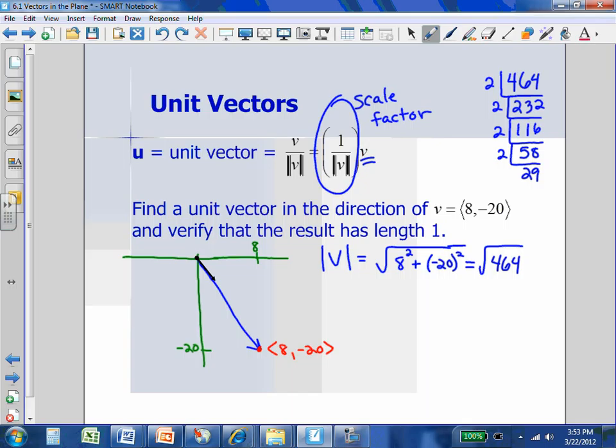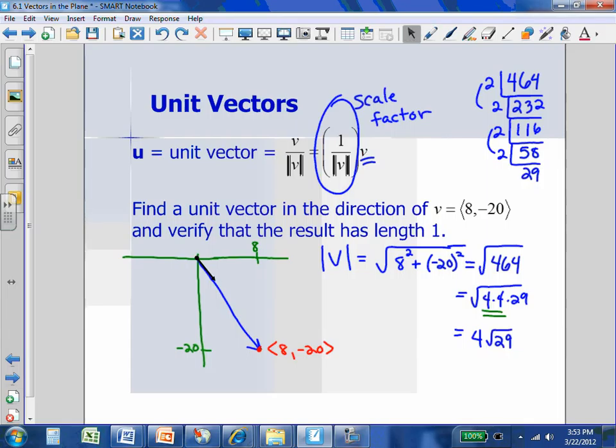So I can be thinking of the square root of 464 as the square root of 4 times 4 times 29. Well, there's the pair of 4's right there. So they get to come out. So this is 4 root 29. Okay, so this vector, this blue vector over here, has a magnitude of 4 root 29.